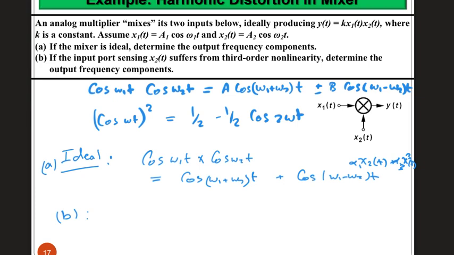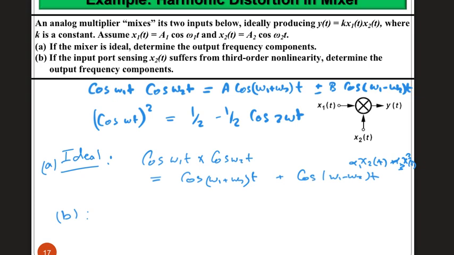Anyone figured out the components? Omega 1 plus omega 2, and omega 1 plus 3 omega 2. Okay, is there anything else? How many terms did you get? It should be 4. What are the 4 terms?